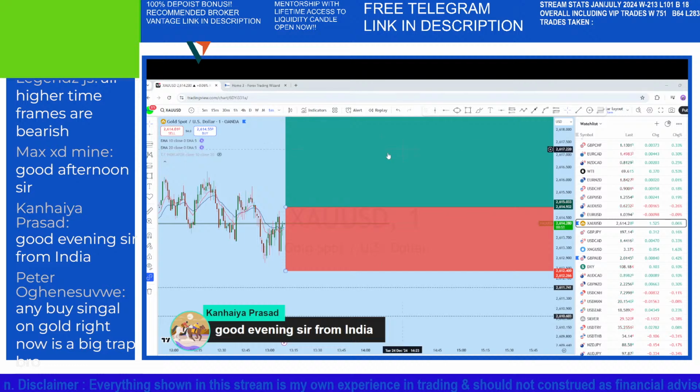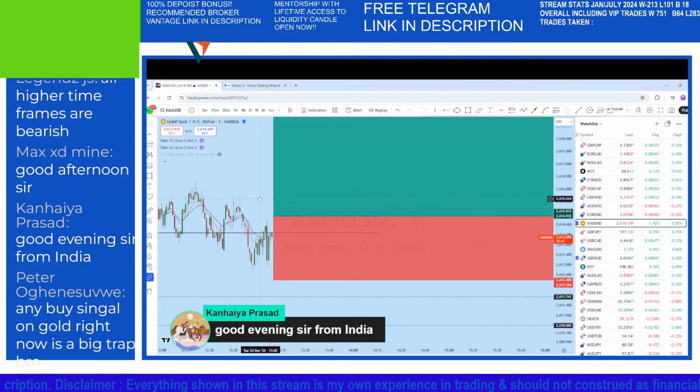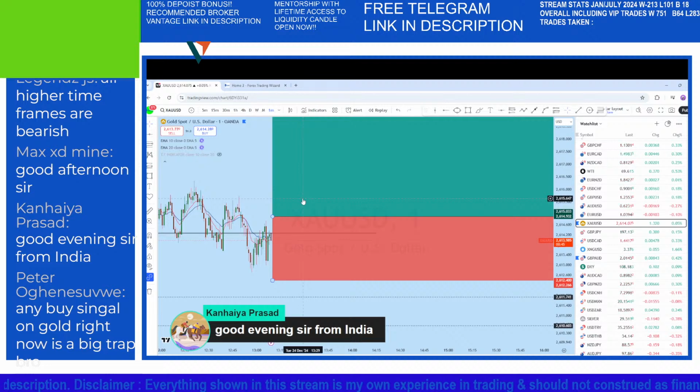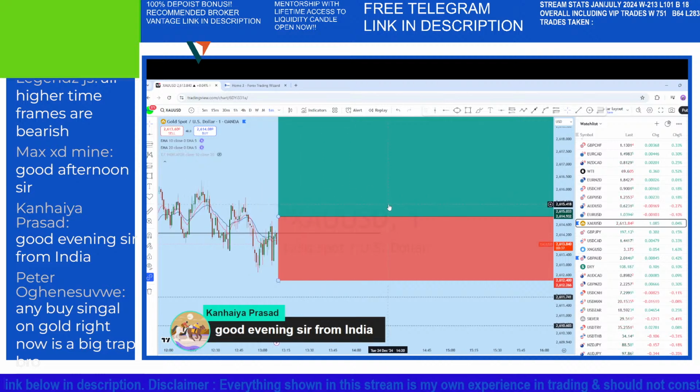Like to see here, this is where we see a primary rejection now. So this time there is a little bit of sideways movement that we can see.